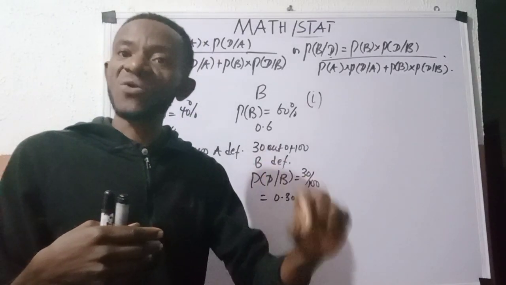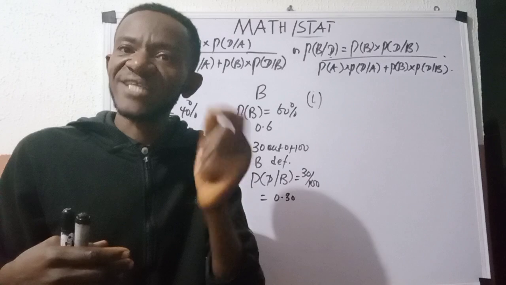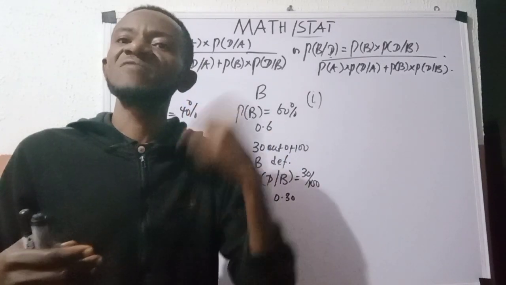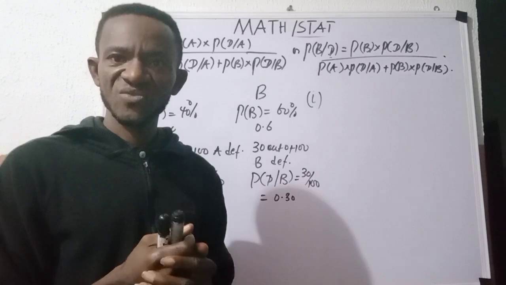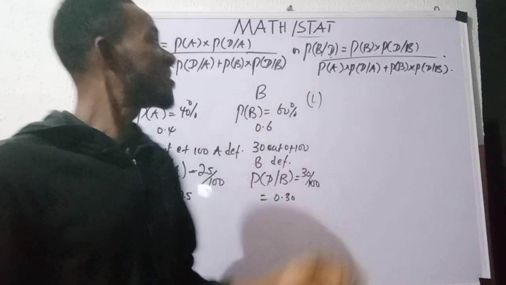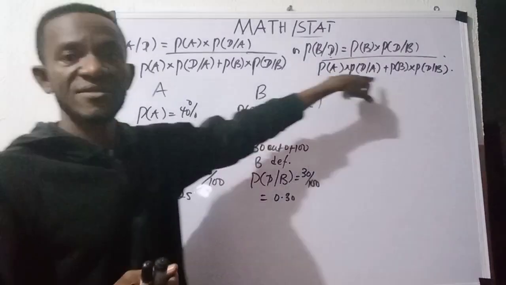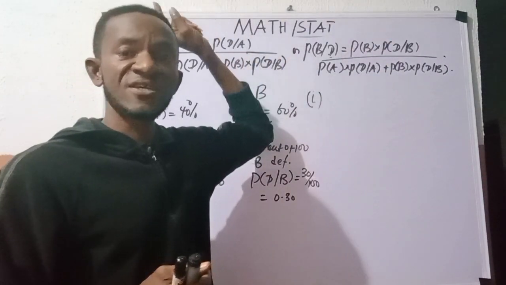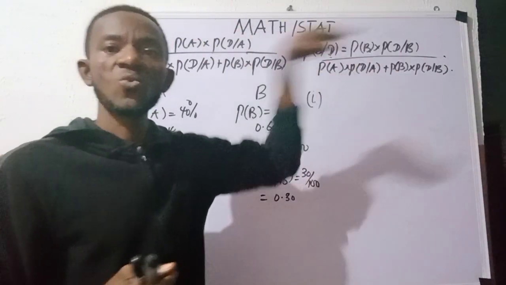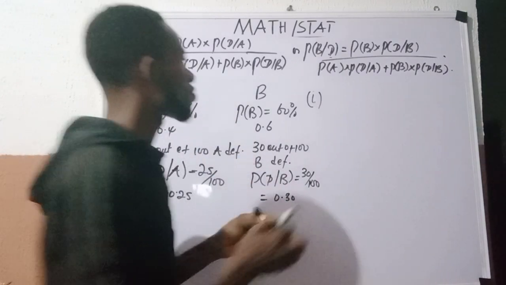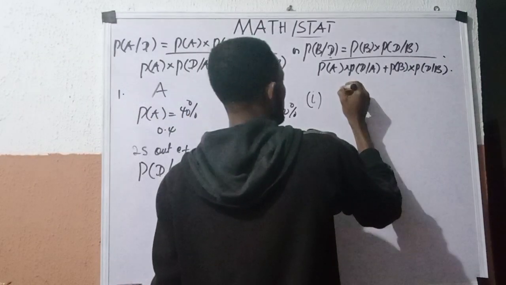This time they want to ask you, what is the probability that an item selected there is defective? Which is the probability of a defective item. You remember that we have already proven it, and that is exactly what is at the denominator of this particular thing, when we had the probability of D. And we said, let us go and know how to get the probability of D.